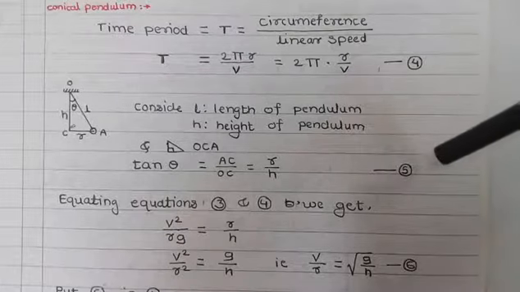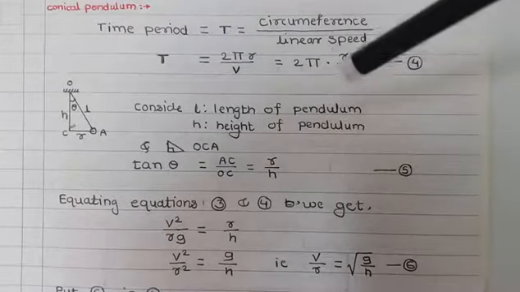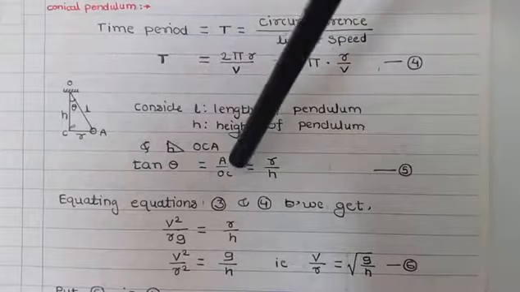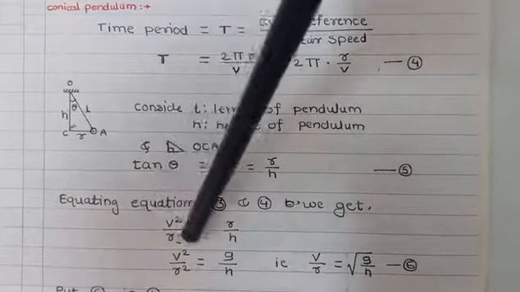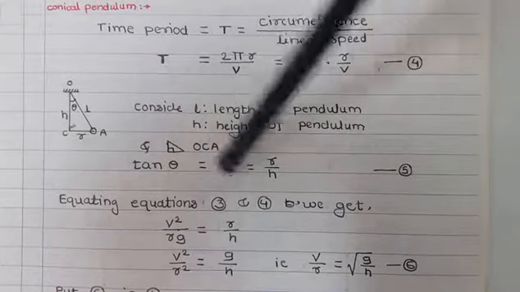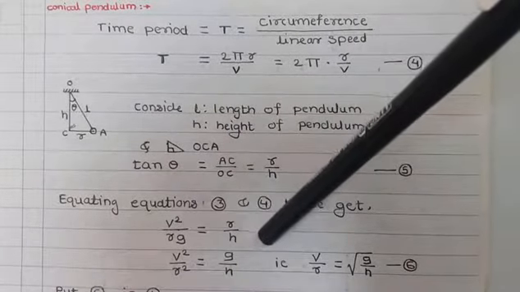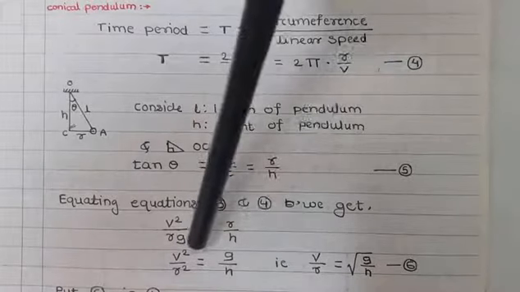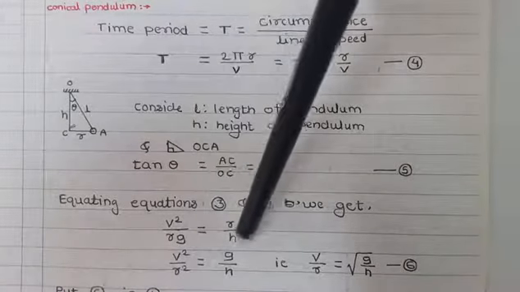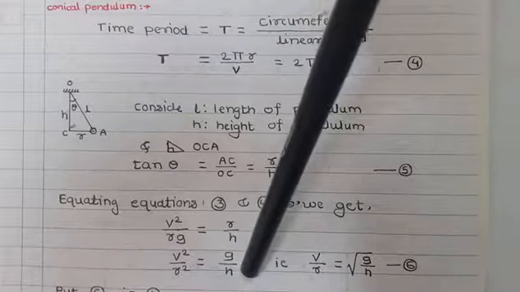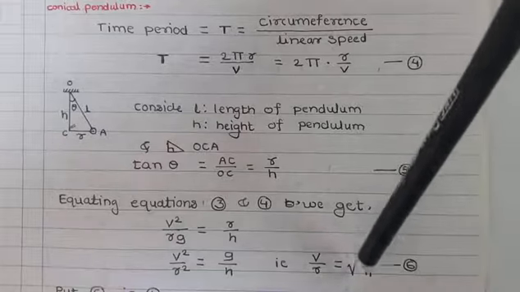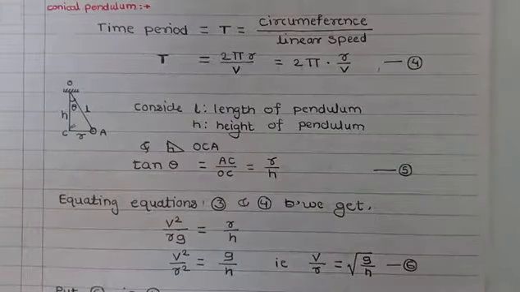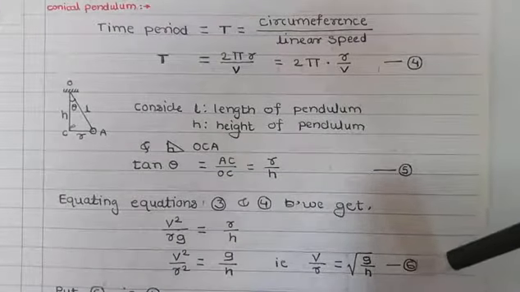Equating equation 5 and 3, we get v square upon rg is equal to R upon H. Now, v square upon r square is equal to g upon H, that is v upon r is equal to square root g upon H. By taking the square root, we obtain equation number 6.